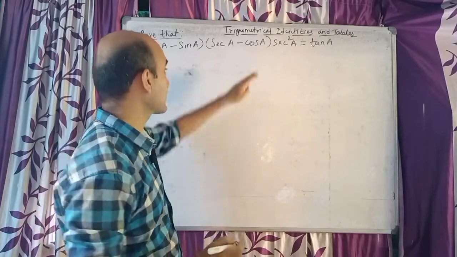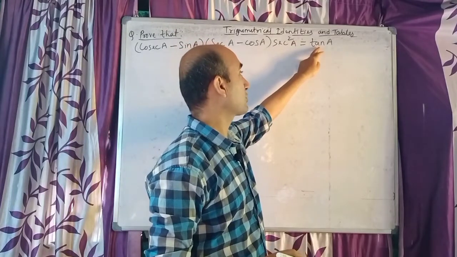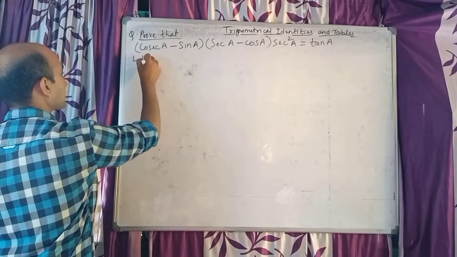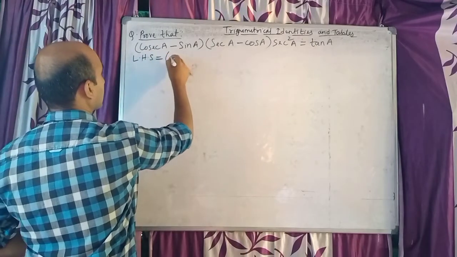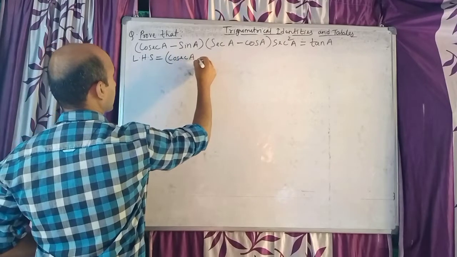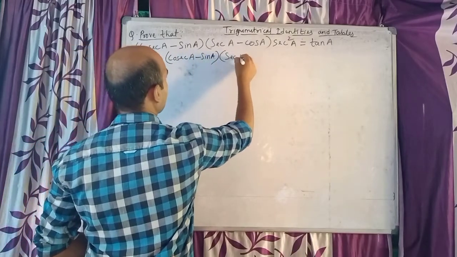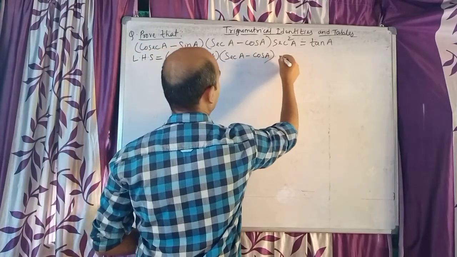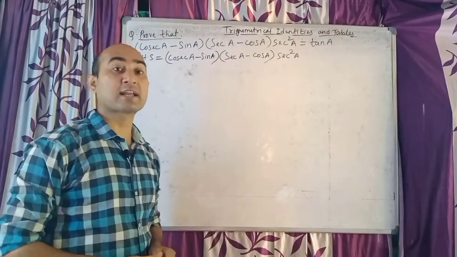So let us try to make this LHS part, left hand side part, let us try to make it as tan A. So let me start my solution by writing LHS, and after writing LHS, let me write all the things given in the LHS, that is cosec A minus sin A into sec A minus cos A into sec square A. Don't write equal to tan A. Equal to tan A is RHS.